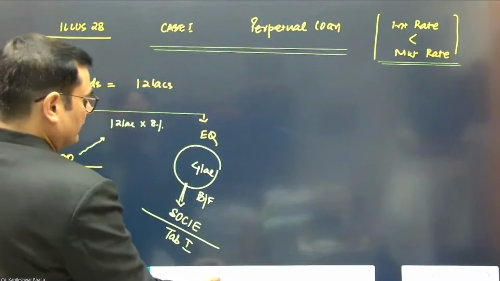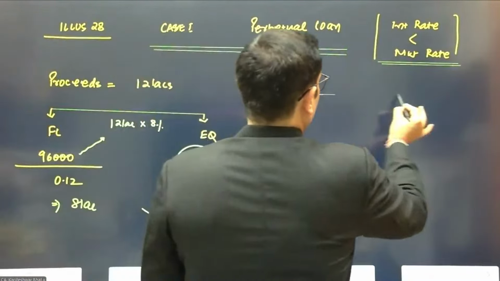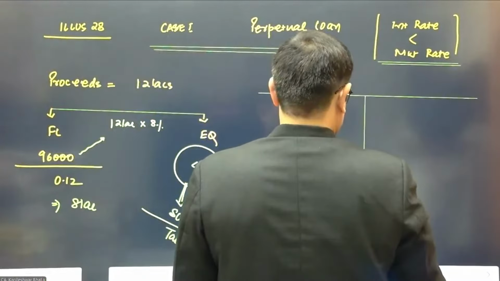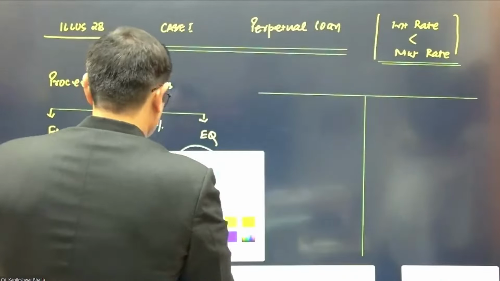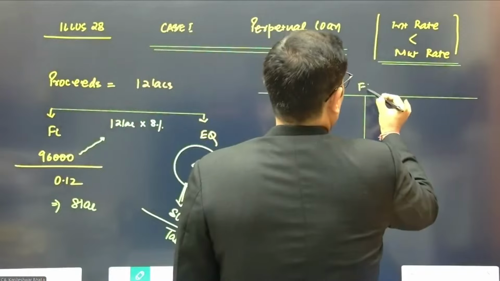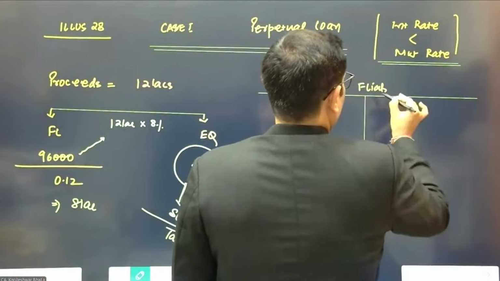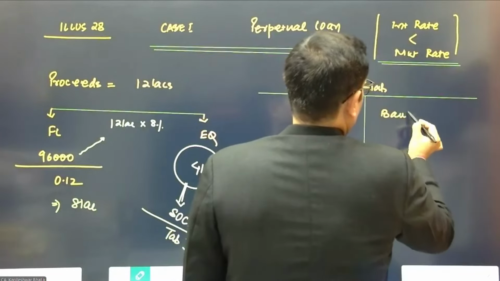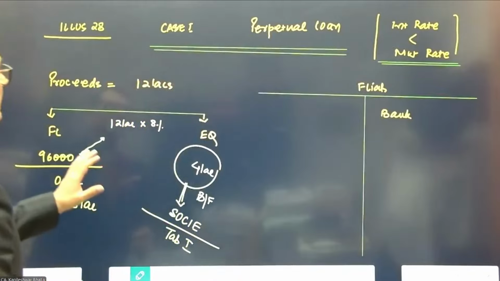Now let's see how the ledger account is going to be made. So let's have a look at the ledger account. This is my financial liability ledger. We're going to first put the entry, so let's give you the entry at the very start.